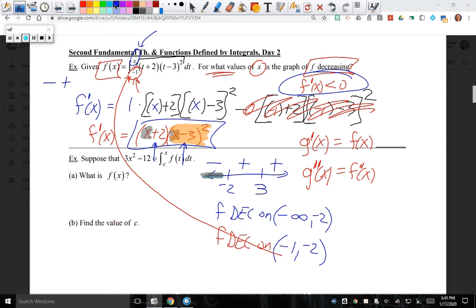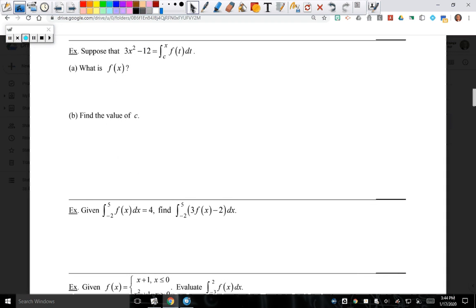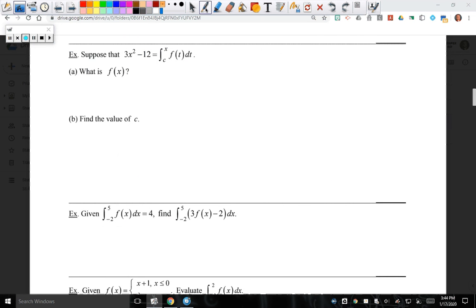All right. This next one is going to be big time conceptual. Here we go. What is f of x? Is this f of x?